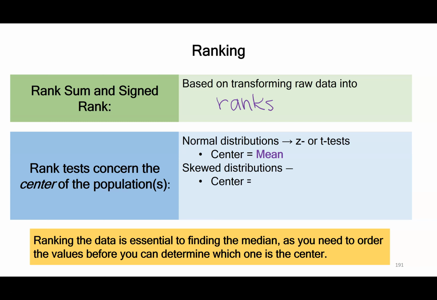If we were using normal distributions, t methods or z methods, we would be looking at the mean. This means that our question of interest, our parameter of interest, and our hypotheses should all have the mean in them somewhere. However, if we don't have a normally distributed statistic, we're going to look at non-parametric tests, and we're going to look at the median.